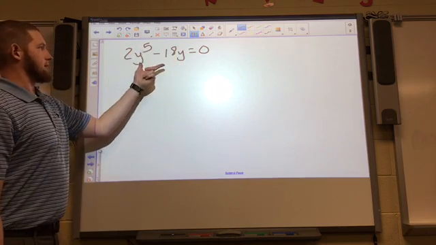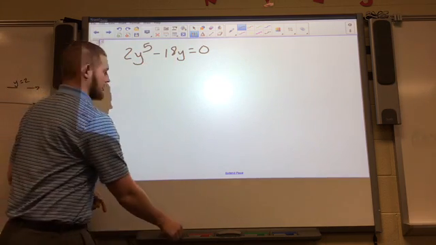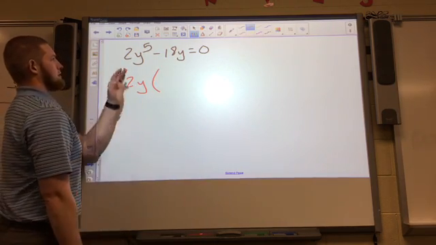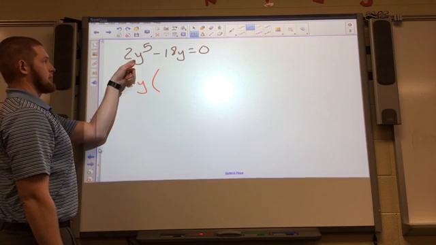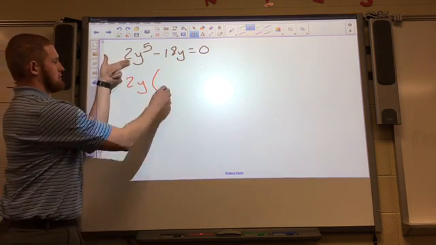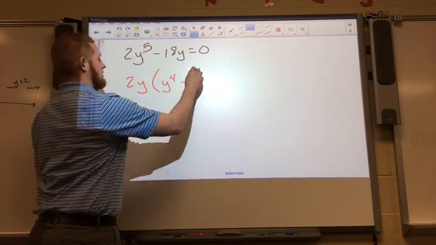Lorelei, what can I take out of both of these? The 2y. Okay, so I'm going to take out my 2y. And what does that give me here, Jack? y to the 4th. Good. y to the 4th minus 9.